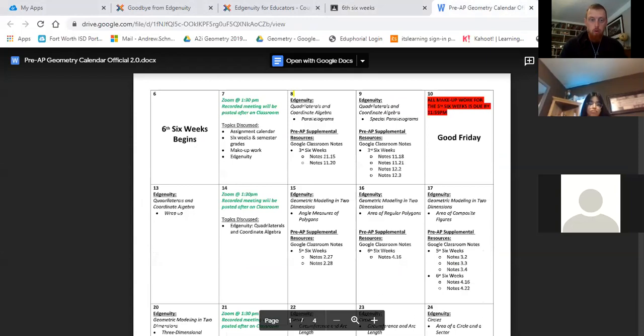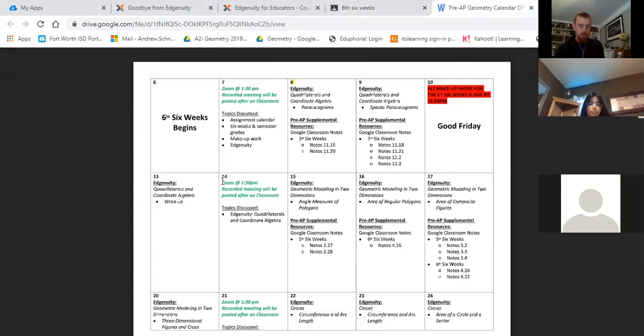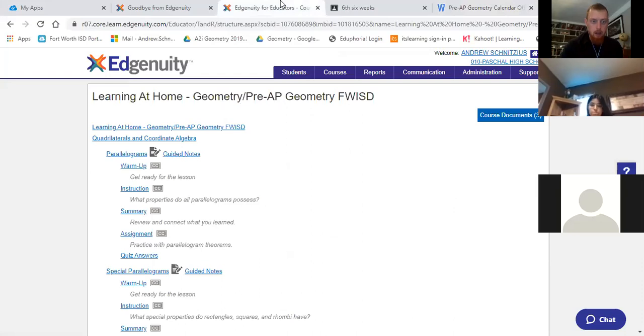So right here we are on April 14th. Here we are today. We're going to talk about quadrilaterals and coordinate algebra. So you should be done with both of these activities. I can see how everything is set up on here.